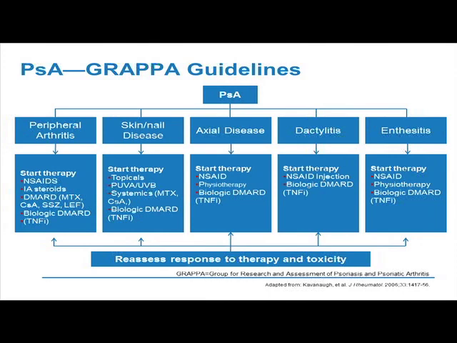You don't have to be extremely knowledgeable in this area to see that the only drug that is found in each one of these boxes at the bottom are TNF inhibitors, biologic therapies. So one of the advances in the take-home management is that TNF inhibitors, biologic therapies, are used for all forms of inflammatory disease in psoriatic arthritis.